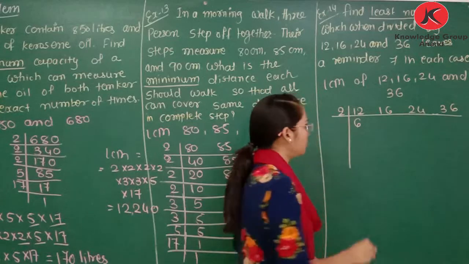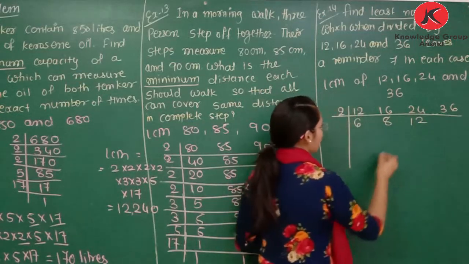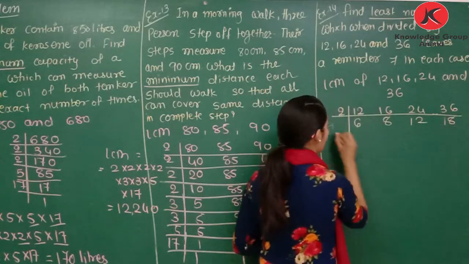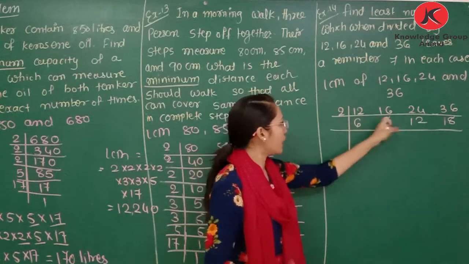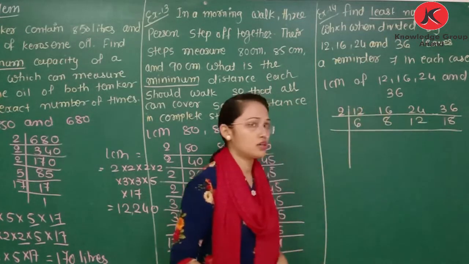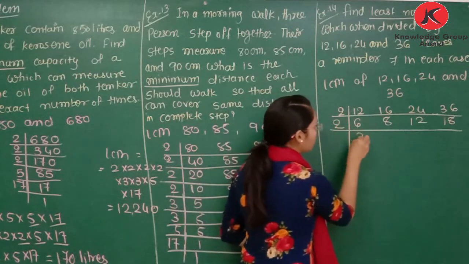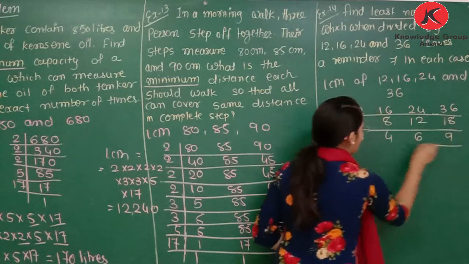2 6s are 12, 2 8s are 16, 2 12s are 24, 2 18s are 36. All four numbers are divisible by 2. 6, 8, 12, 18. Now again 2, 2 3s are 6, 2 4s are 8, 2 6s are 12, 2 9s are 18.